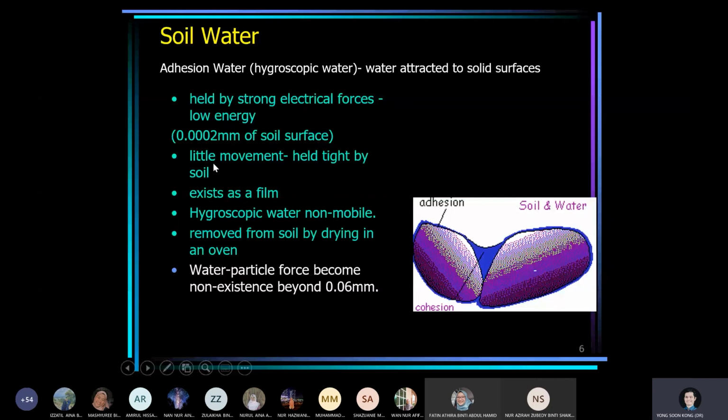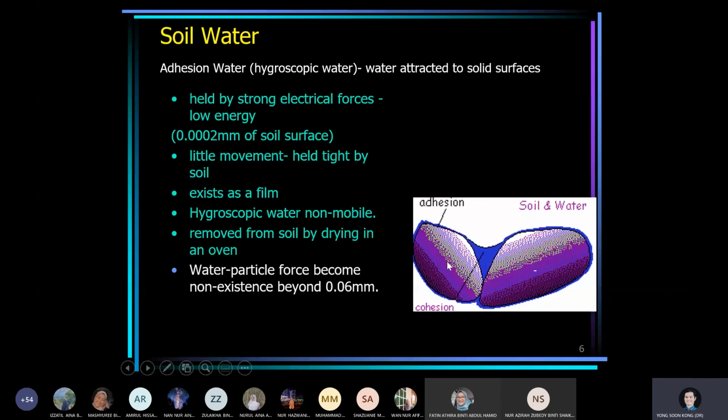Okay, now due to the strong interaction of this hygroscopic water or adhesion water on the surface, they are obviously going to be held tightly. So once this water interacts with the surface of the soil, it doesn't move anywhere, it's just trapped inside here. And more so, some of this water is also trapped inside the pores, the small pores within the soil particle.